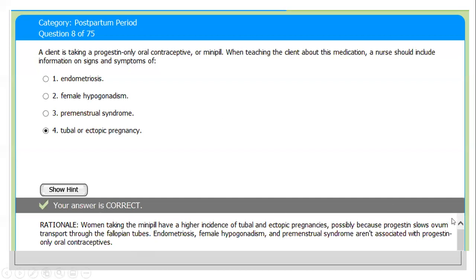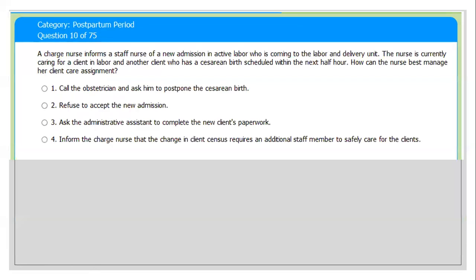Because of the transportation problem, it fails to get into the uterine cavity. When it is outside the uterine cavity, we call it ectopic pregnancy. Endometriosis or female hypogonadism or premenstrual syndrome are not associated with progestin-only oral contraceptives.